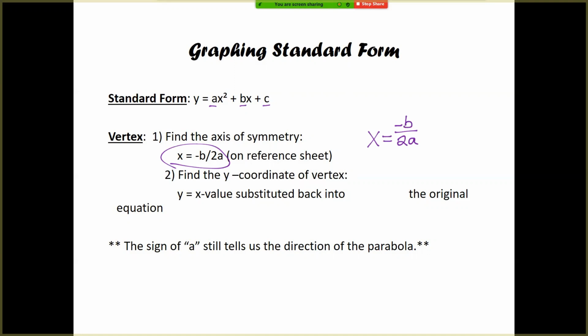Then we're going to take that x value, plug it back into the original for x to find the y coordinate. And that'll give us our vertex, and then we just continue the same steps after that as we did in the first lesson. So we would take the vertex, pick 2 points to the left or 2 points to the right to find those 2 x values to plug in.